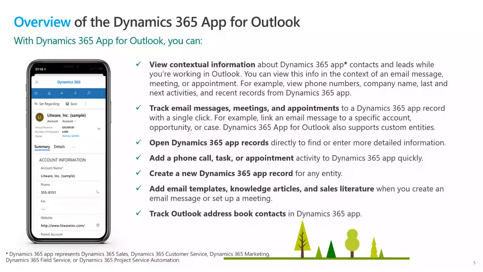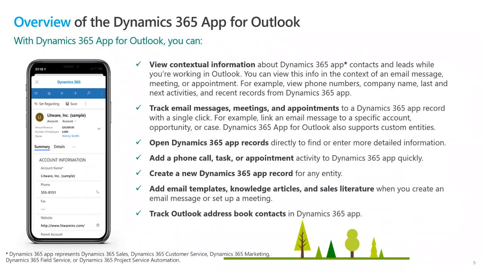You can view this info in the context of an email message, a meeting, or an appointment. For example, you can view phone numbers, company name, job title, last and next activities, and recent records right from the app within Outlook without having to leave Outlook.